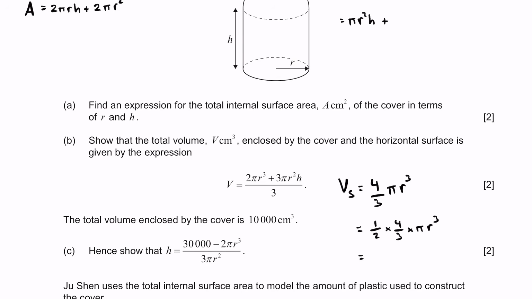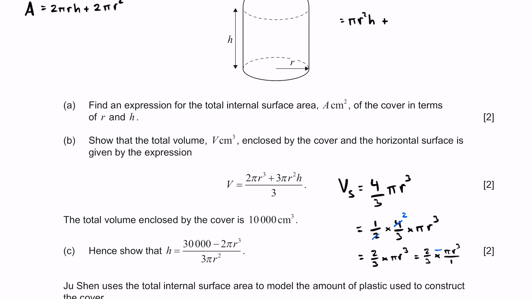Let's simplify this way. 4 over 2 simplifies to 2. In this case, we'll have 2 over 3 times pi r cubed, which is the same thing as saying 2 over 3 times pi r cubed over 1.